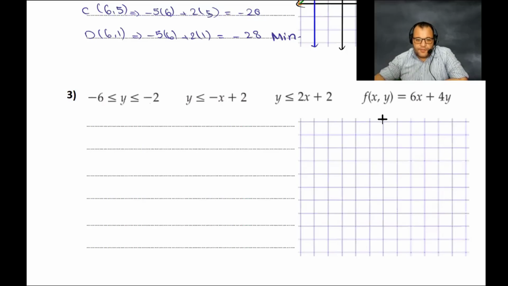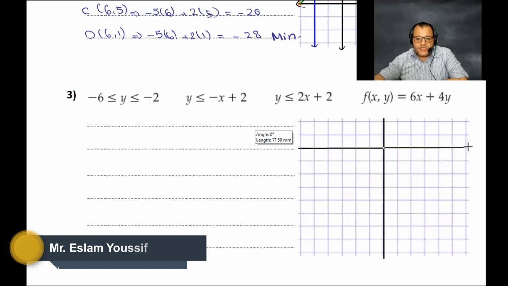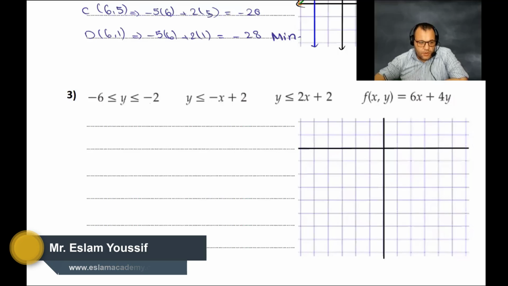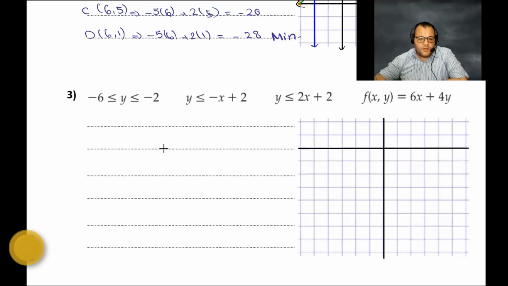The graph would be between two lines parallel to the x-axis that intersect the y-axis at the points -6 and -2. So from -2 we draw the first line, and from -6 we draw the second line.